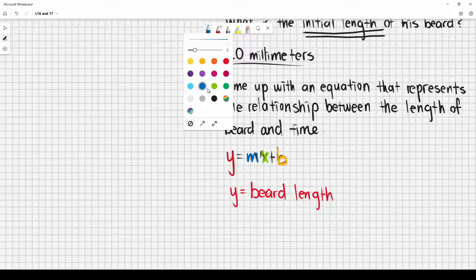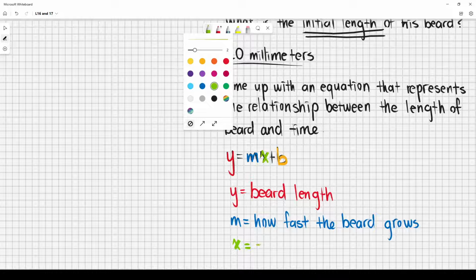And then m is the slope. Slope is a rate of some sort. We found that out as how fast the beard grows. And then x is the independent variable, and this is time.